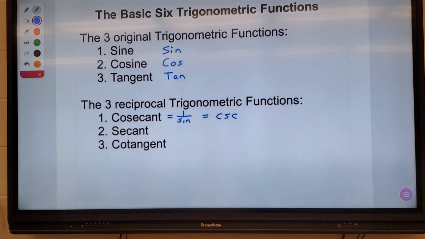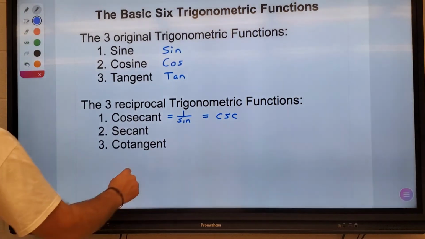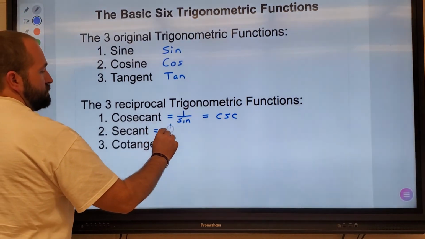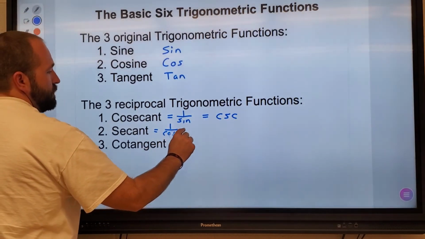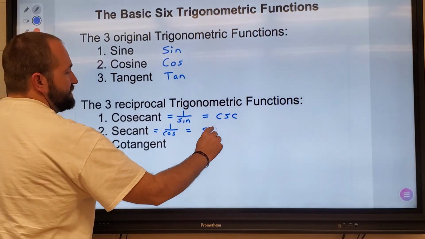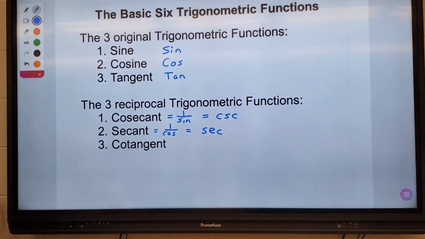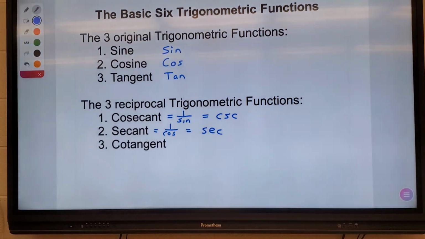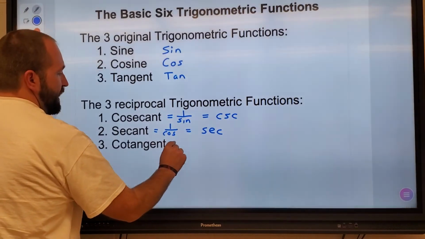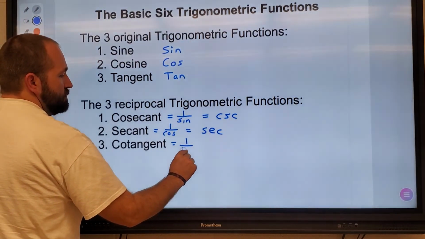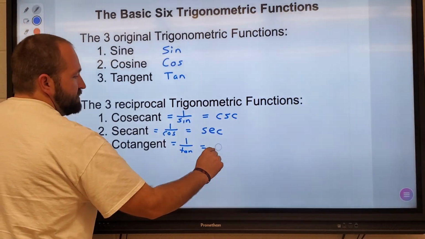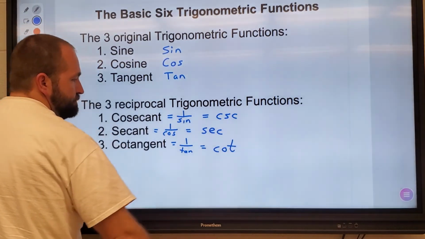Secant, or 1 over cosine, is going to be written as SEC, secant. And cotangent, which is 1 over tangent, is going to be written as COT, cot.